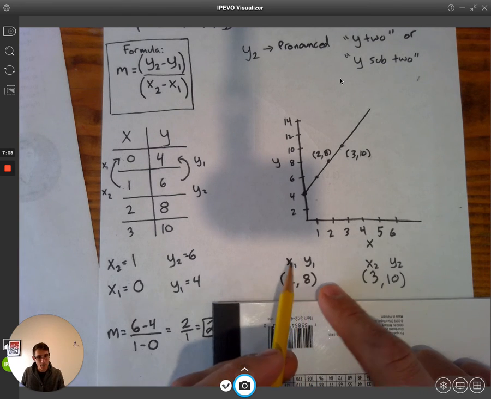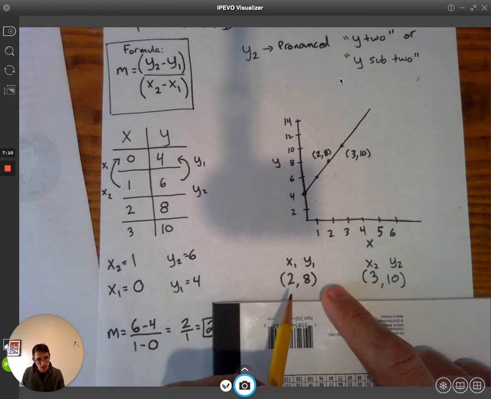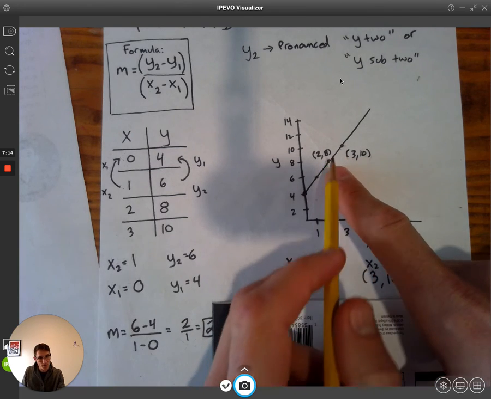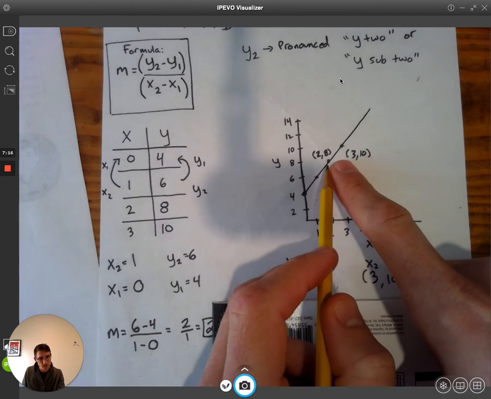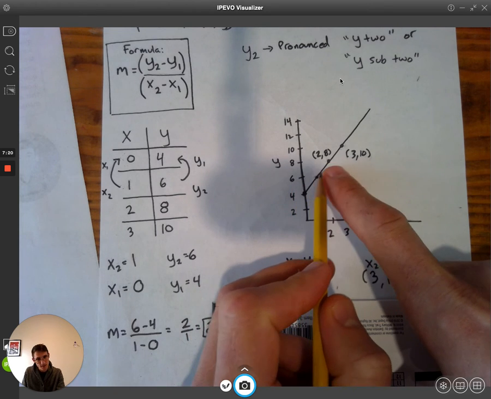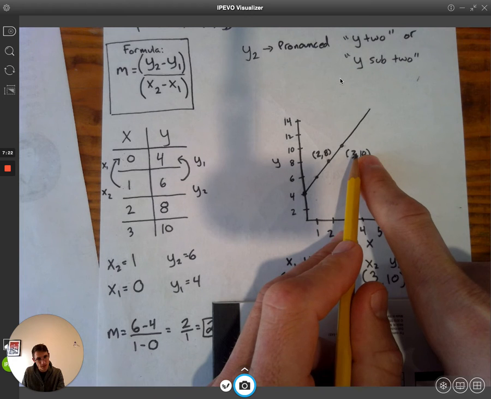Now, why am I calling this point x1, y1? Well, if we look at our line, notice how this point was plotted first. This is the closest point to the origin, right? And then this one would be x2, y2, right?